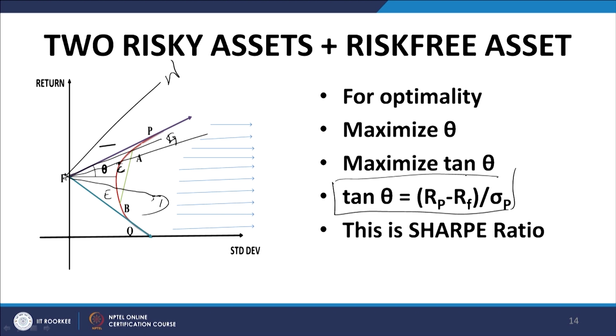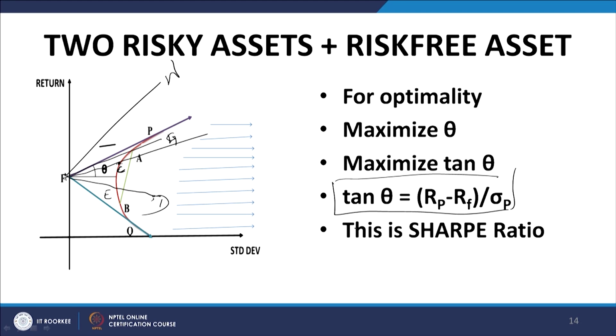So, the optimality condition as per this particular framework works out to maximize the Sharpe ratio, at least in the 2 security plus risk free asset framework. I repeat, the efficient frontier is therefore the straight line Fp, which is tangent to the hyperbola given by the set of risky assets.